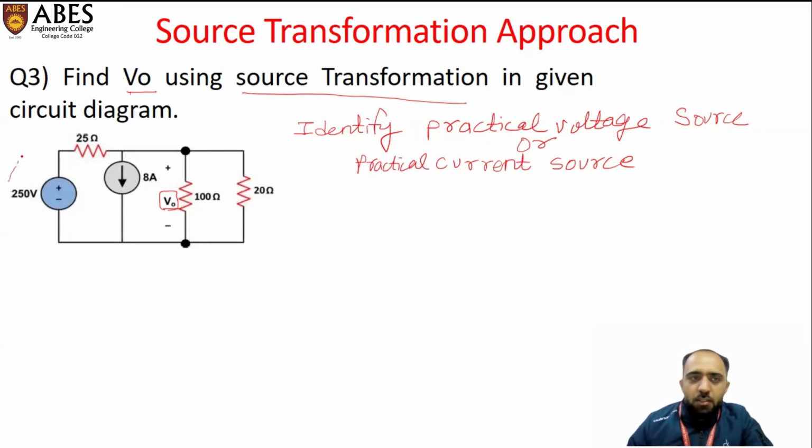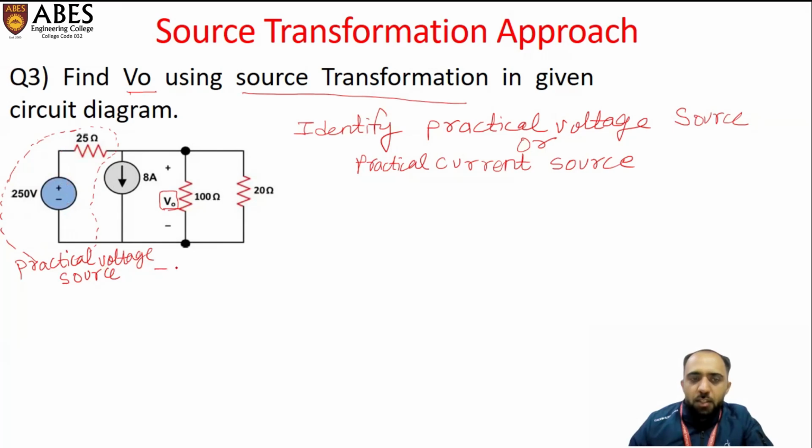So I got here some hint that this circuit, with the help of the shaded diagram, this part is the practical voltage source. Can I write practical voltage source? It's correct. 250 volt and 25 ohm are in series. So we can easily take the hint from this 250 volt and 25 ohm in series. This is the practical voltage source.